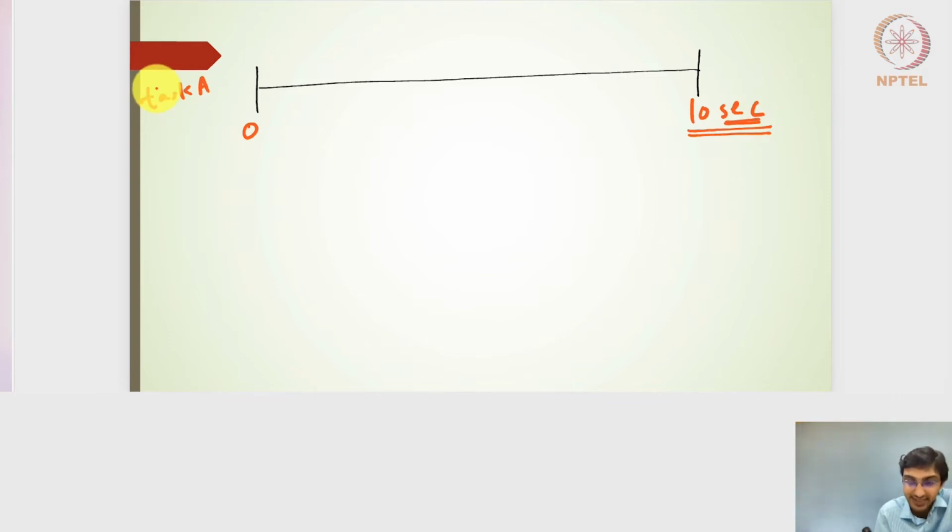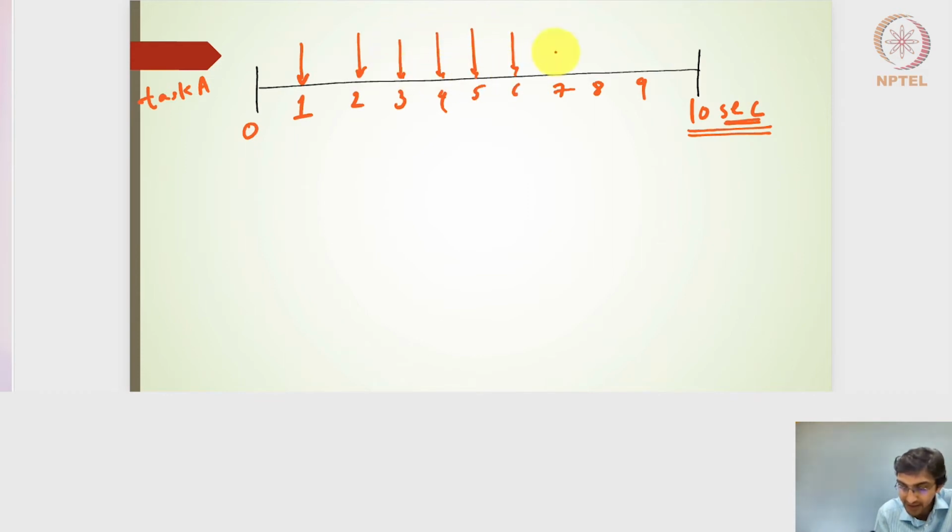So if I choose task A, and let's say task A needs 10 switchings to be done in 10 seconds, then in each 1 second interval, 3, 4, 5, and then 6, 7, 8, 9, and then 10 seconds, it is going to do a switching at each of these time intervals, and thereby it completes its task.